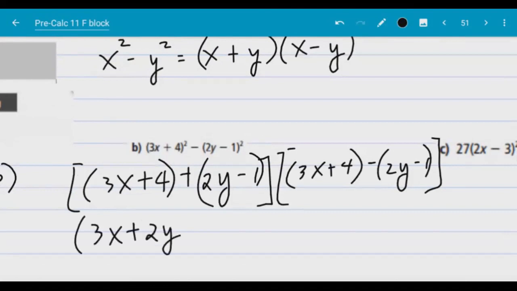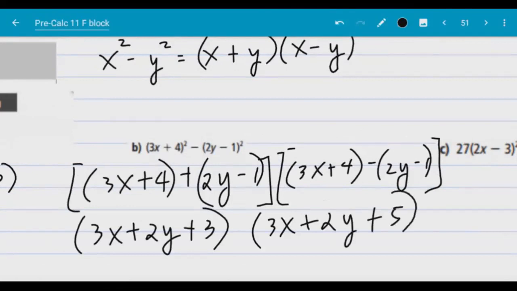The 4 and the negative 1 can go together. That would be plus 3. So we're done with this part. Now we look at this part. It would be 3x plus 2y. 4 minus negative 1 becomes 4 plus 1, and it gives you a 5.